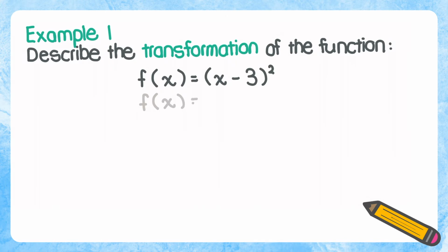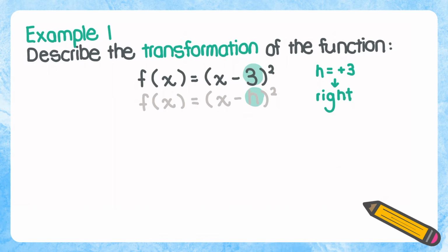So I have f of x equals x minus h quantity squared. I have an exact match, and I also notice that h is replaced by 3. For this function, h equals positive 3, so we will move the function to the right.